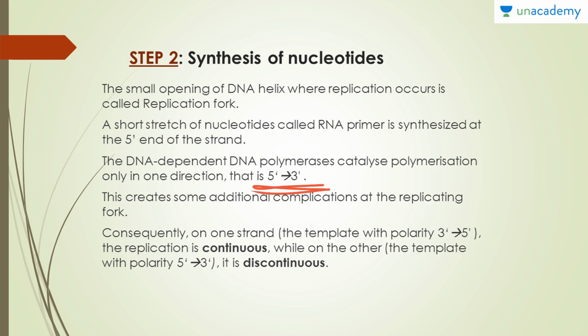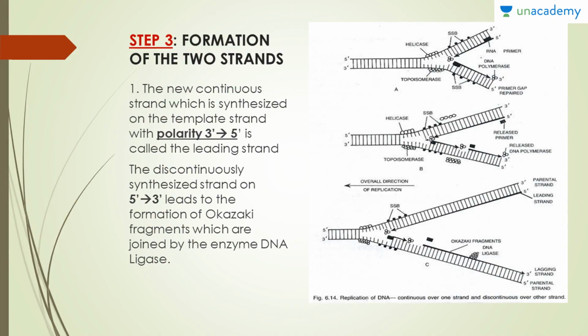This creates some additional complication in the replication fork. And what is that additional complication? You can see from this diagram that once the replication fork has started, polymerization starts only at the 5' end. One is this end and the other is this end where the replication starts and addition of nucleotides happens.